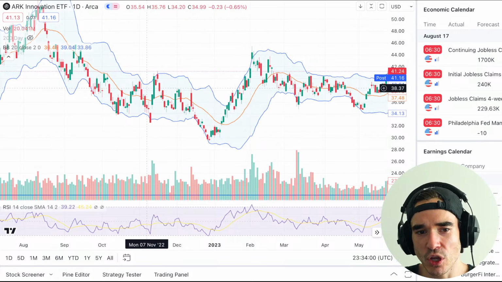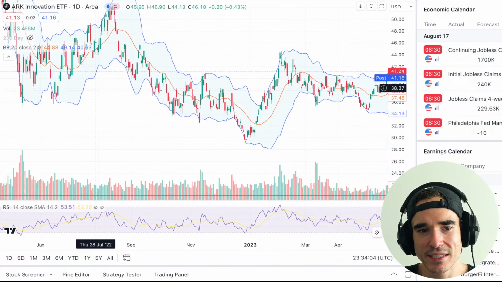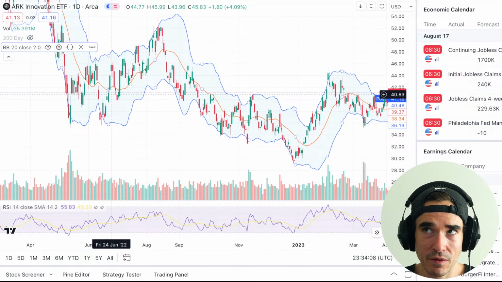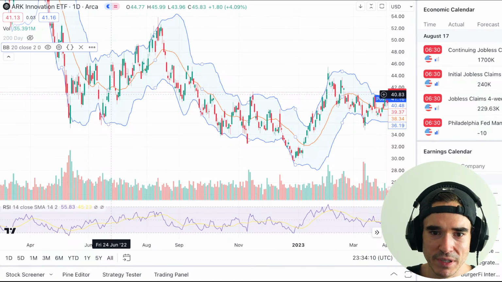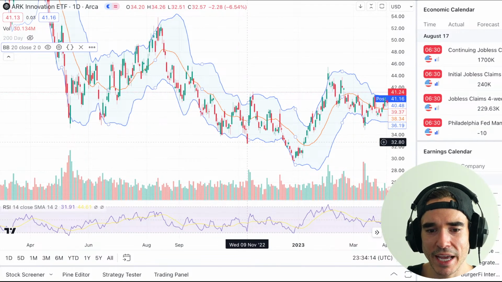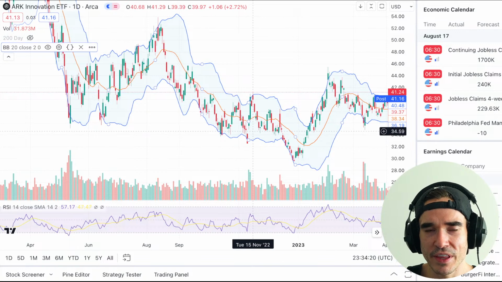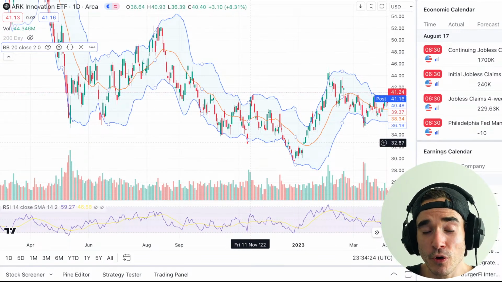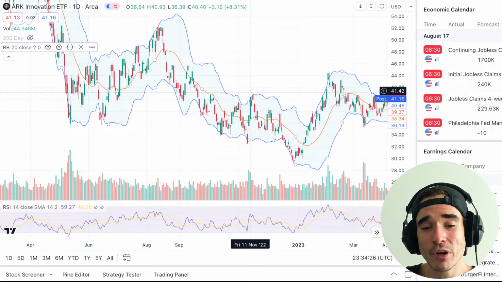But then it goes all the way up and we try to retest the previous support, which becomes your resistance. So when we break through with this giant red candle in November of 2022 to the downside, the bulls come in and they drive the price from 32 up to 42, $10.